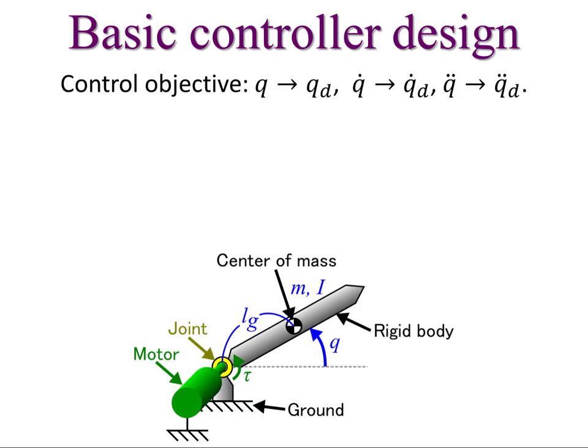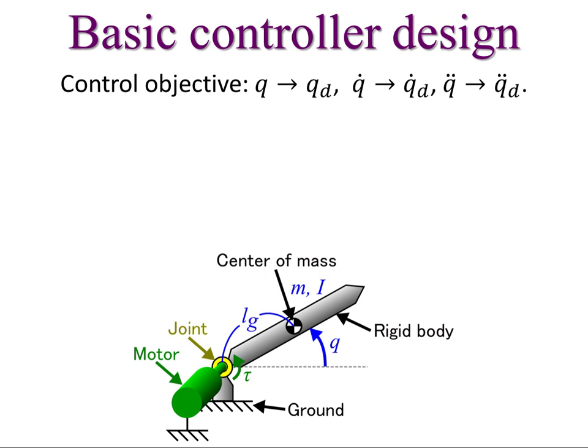Since adaptive control is also used for CP control, the control objective is to make the joint angle q follow the desired time-dependent angle qd, as is the case with the computed torque method.